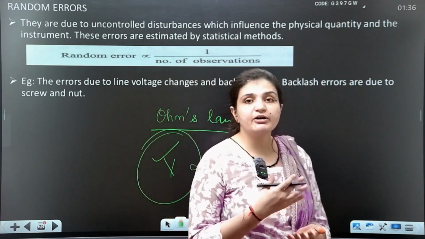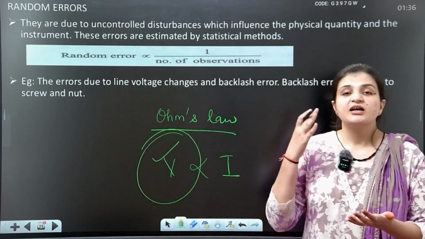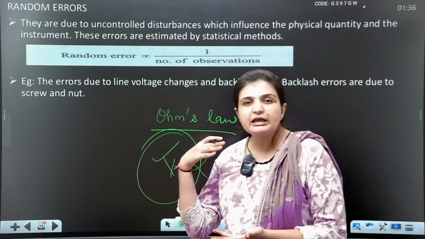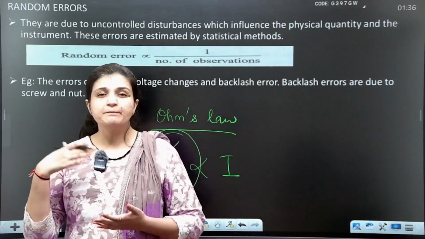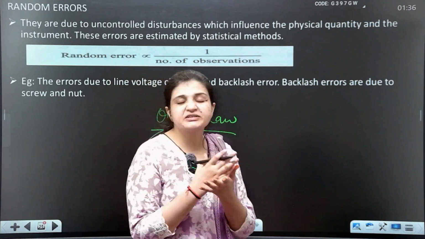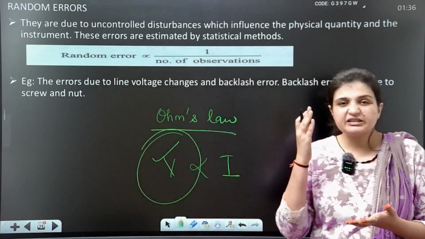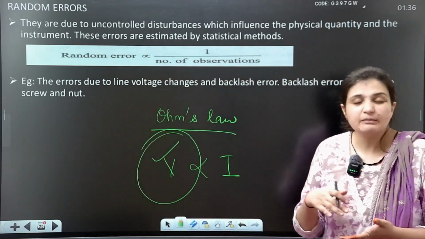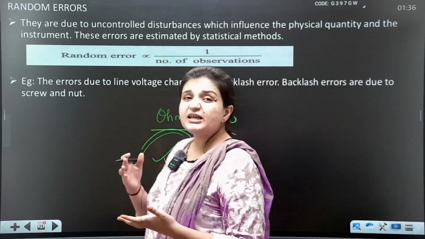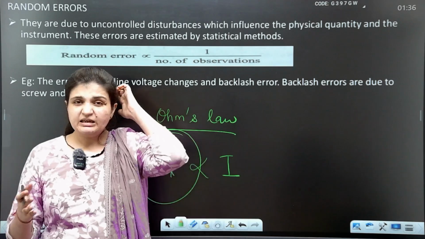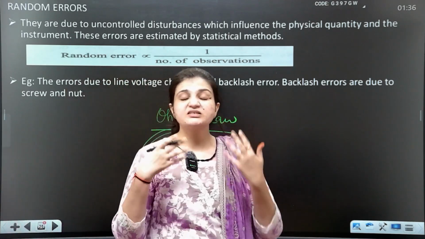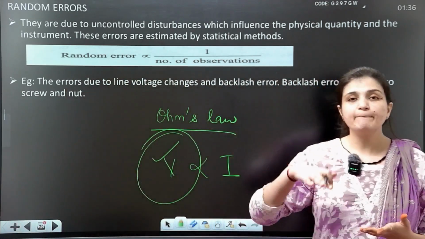Now, systematic errors can be improved, they can be minimized. We know that there was an error in measuring, taking the zero value, so we can improve that zero value. Similarly, if there is an error in performing, where we missed out a certain technique, we can improve it.